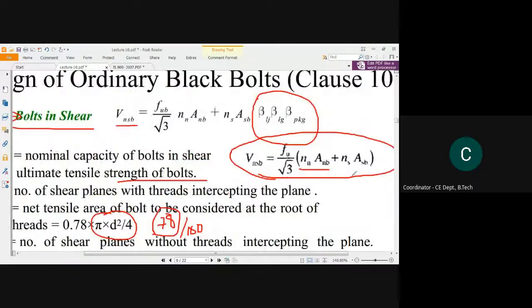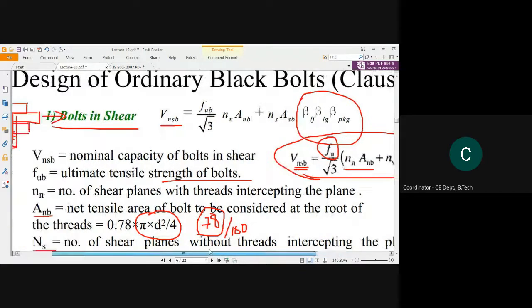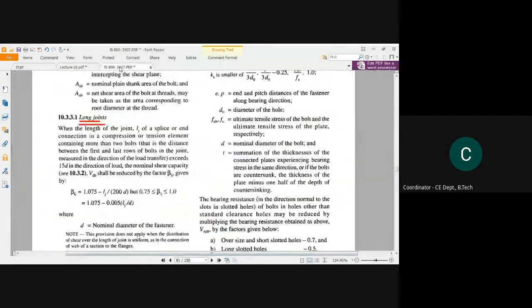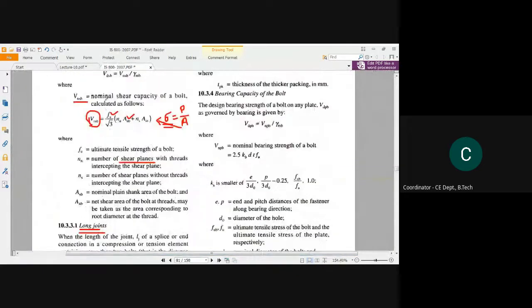That area will be accumulated into the ultimate tensile stress of the bolt divided by root over 3, which will give me the nominal shear capacity. So this is the nominal shear capacity of a bolt.